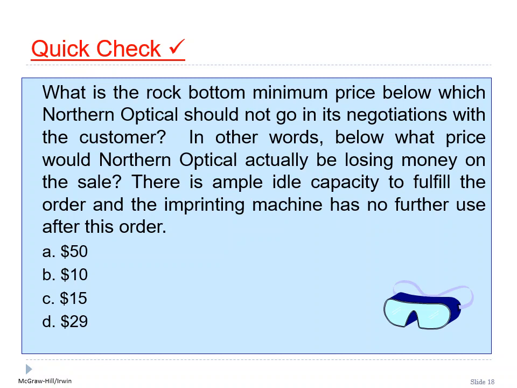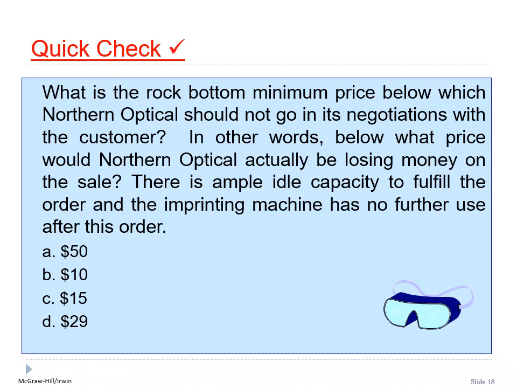In other words, below what price would Northern Optical actually be losing money on the sale? This is the same meaning. So he wants to determine the minimum price, which must not be lower than, to go with this negotiation.